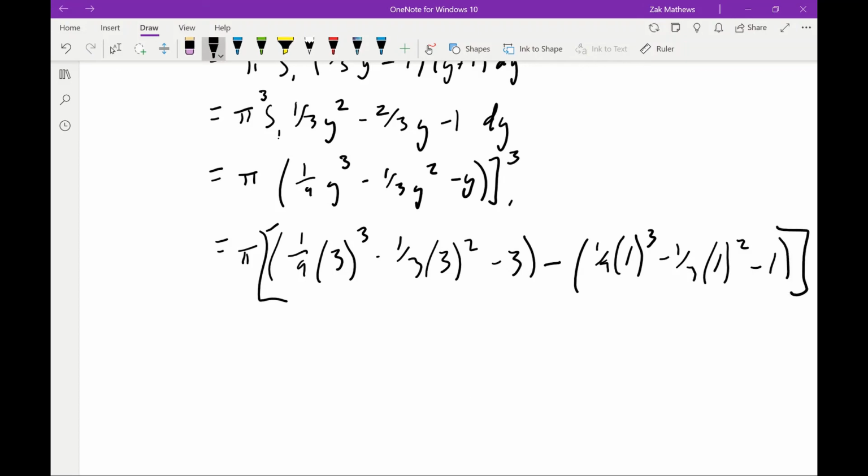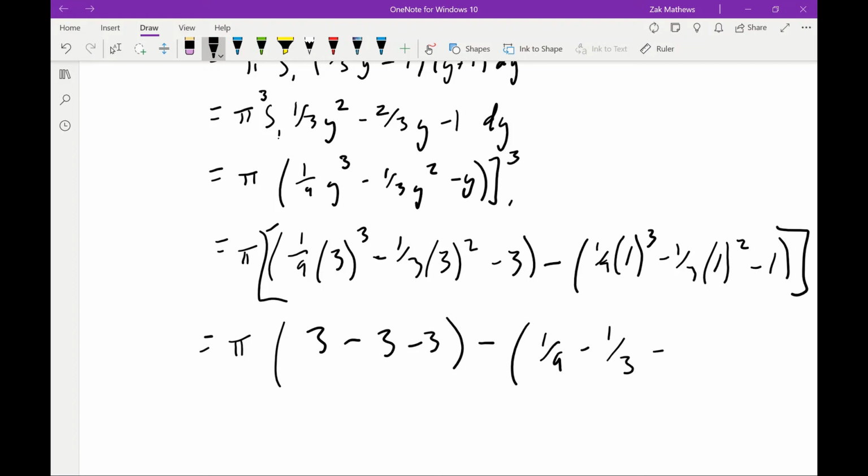Close that and then close our brackets. And start simplifying this. We'll have 1/9 times 27. 3 cubed is 27, so that'll give us 3. Minus 9 times 1/3 is 3, minus 3. Minus, we'll have a 1/9 minus 1/3 minus 1.